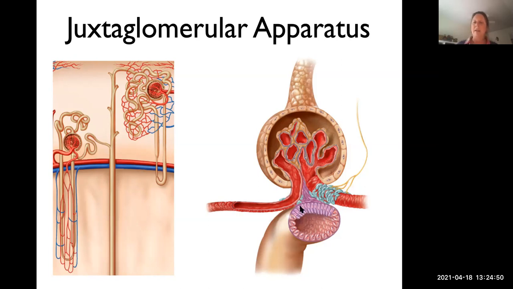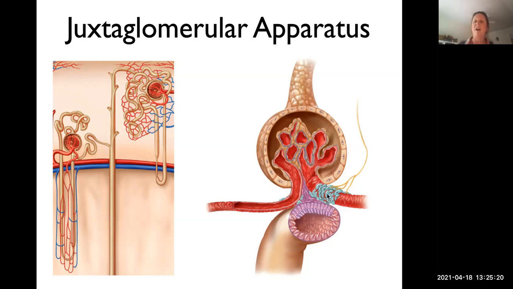The macula densa send signals to these little green cells that are actually wrapped around both arterioles. I know it doesn't look like that in this image. This arteriole we're looking at from the outside, so you can see the green cells all around it. This one the artist has drawn so that the vessel is cut through, so you really can just see a few of these cells. These are called juxtaglomerular cells, or JG cells.